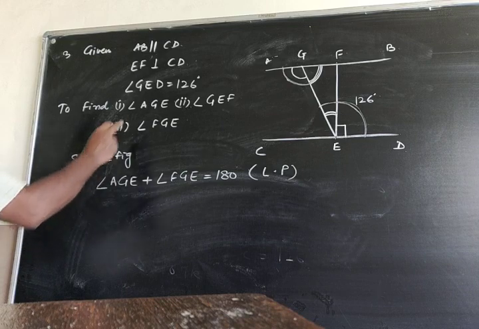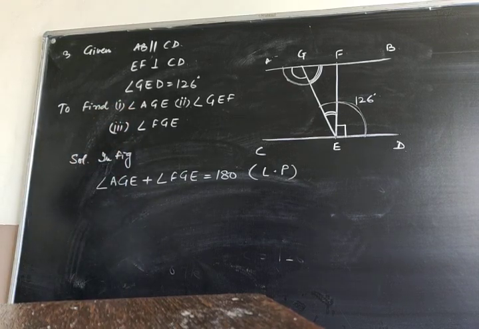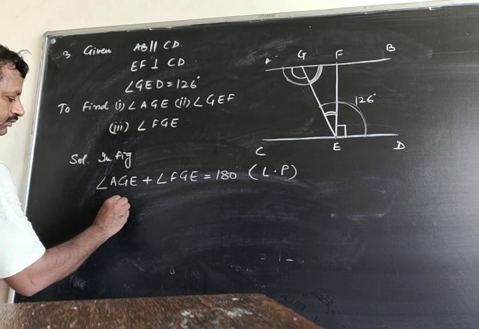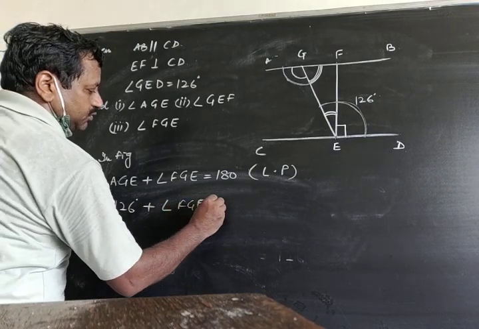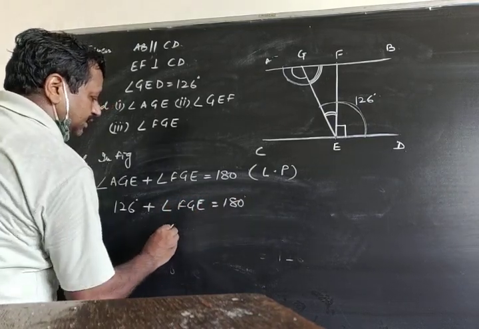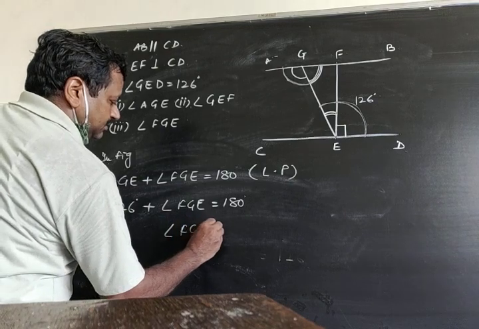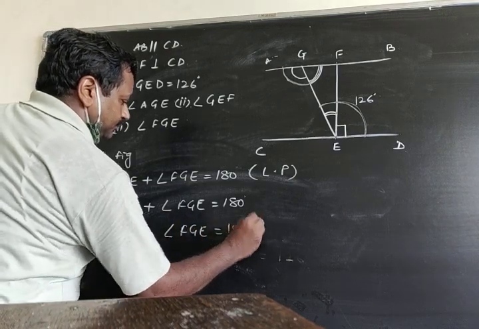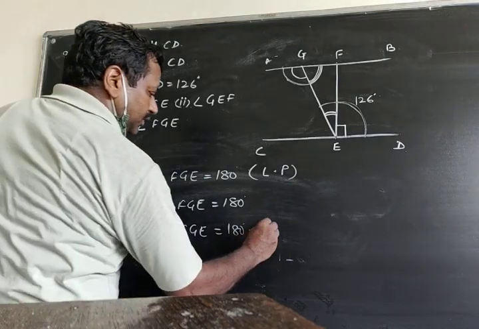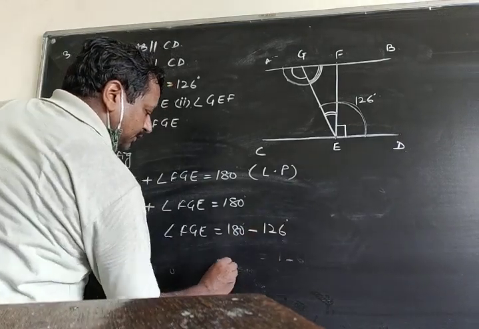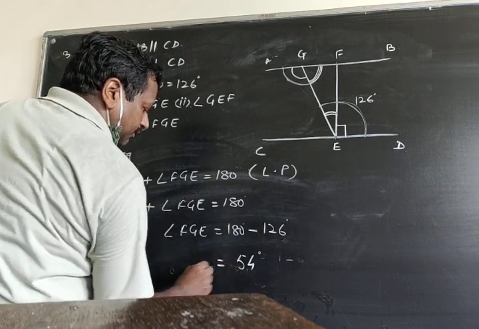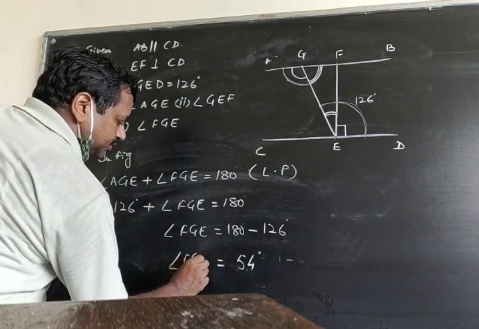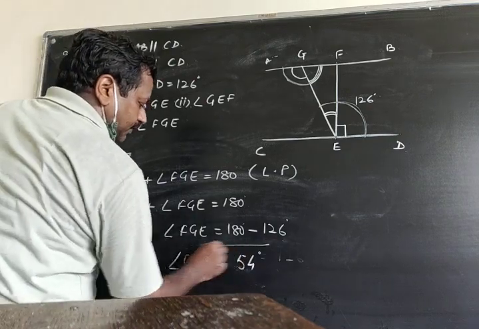AGE we already found in the first part, that was 126 degrees. So 126 plus angle FGE equals 180 degrees. Angle FGE equals 180 minus 126, it will be 54 degrees. FGE is 54 degrees.